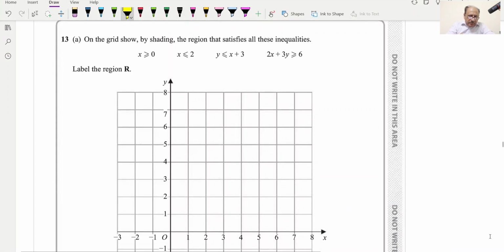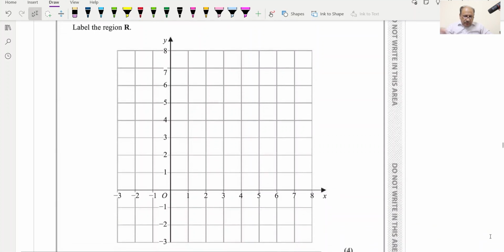Question number 13 says, on the grid show by shading the region that satisfies all these inequalities. And the first one is x is greater than or equal to 0. Greater than or equal to 0 will be which line? It is this line, which is the y-axis.